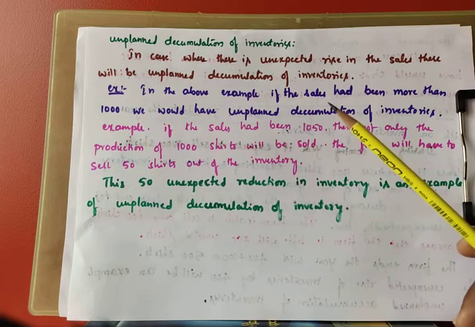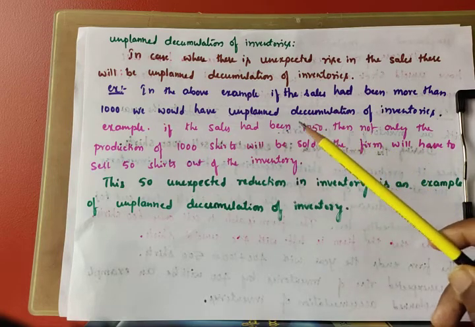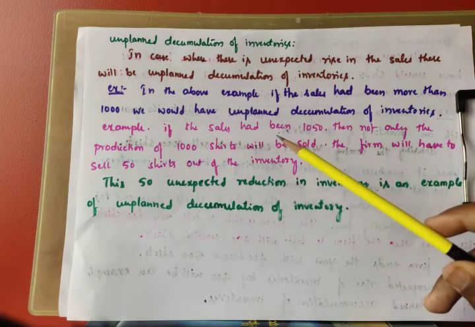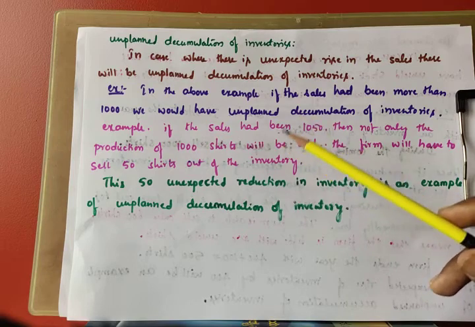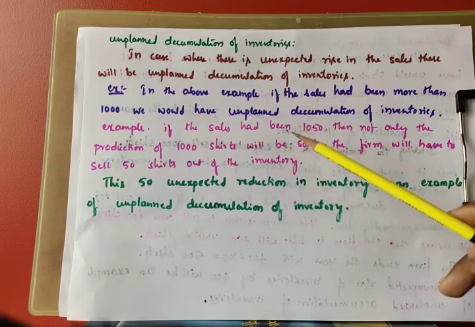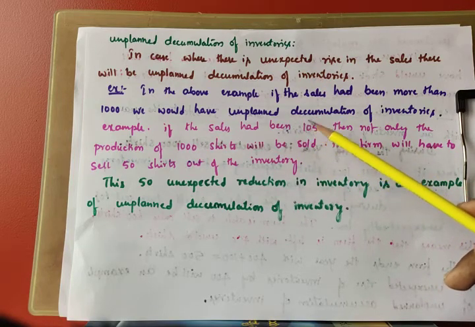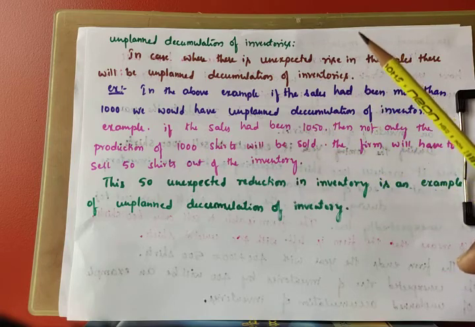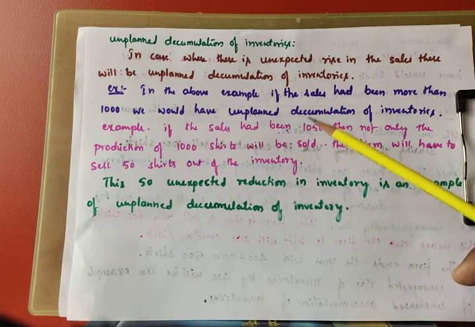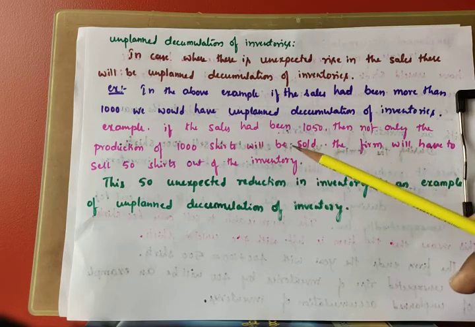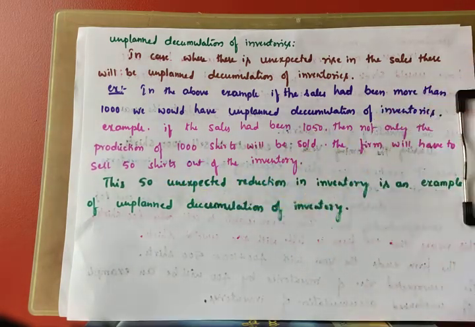But here there is an unexpected rise in sales. So how much did they produce? 1000. Including that, they are also selling 50 out of their inventories, and they had decided to keep 100 shirts. Now the inventory is only 50. Why?